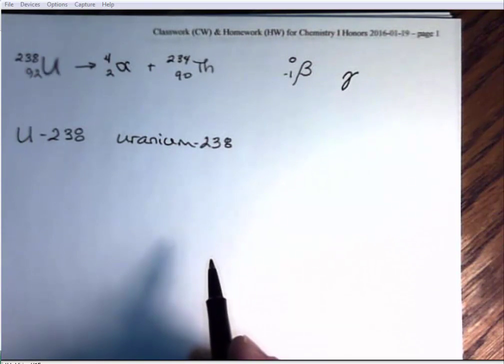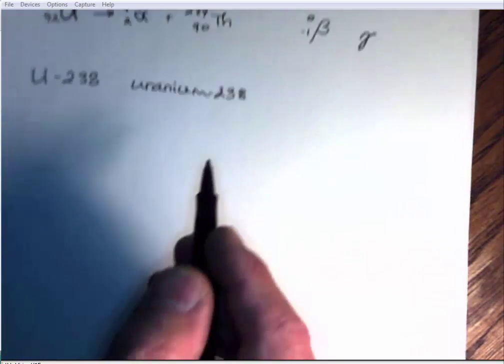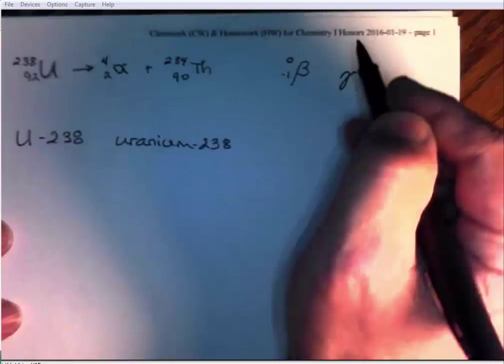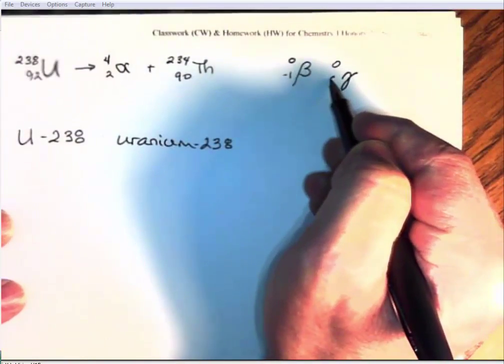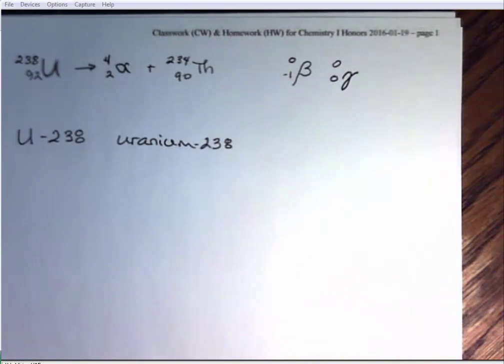Photons have even less mass than electrons, almost no mass at all. I mean, if electrons are 0, well, photons are going to be 0. We're not changing the protons, so that's an atomic number of 0. So there's your symbol for purposes of doing nuclear equations. That's your symbol for gamma radiation.